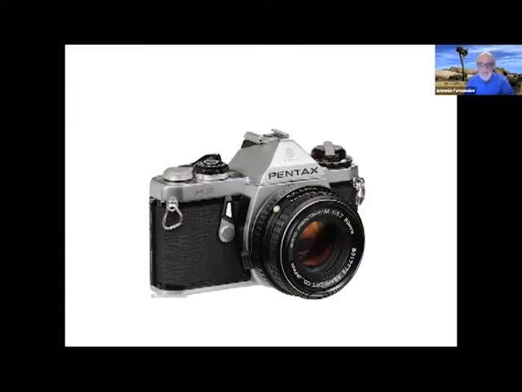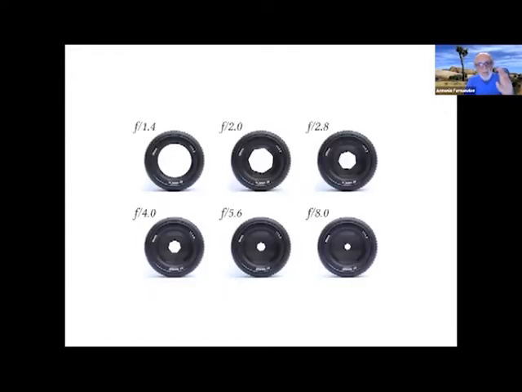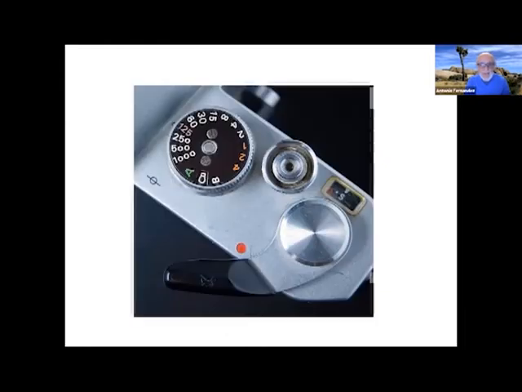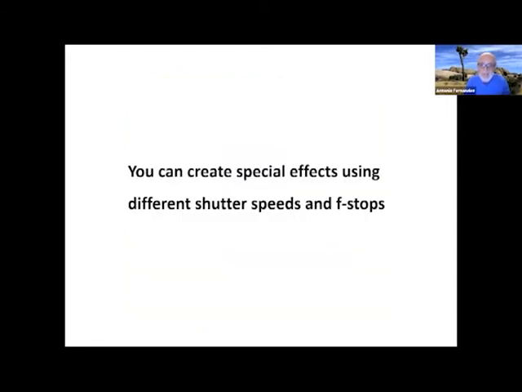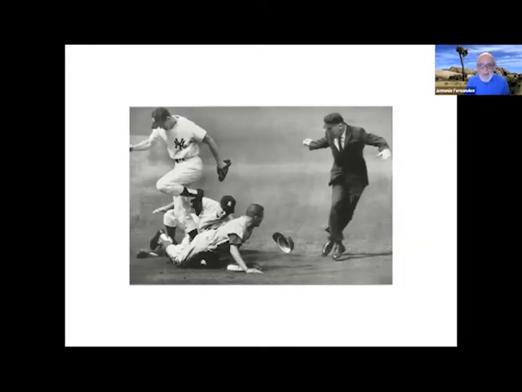I still use that when I teach. And of course, everyone's familiar with the different apertures, the different shutter speeds, and you juggle the shutter speed with the aperture to get different effects. Fast or slow shutter speed.